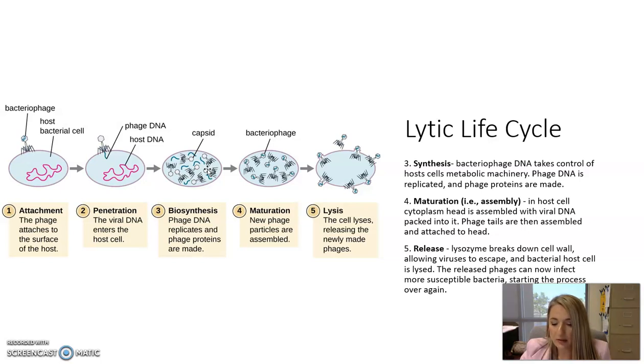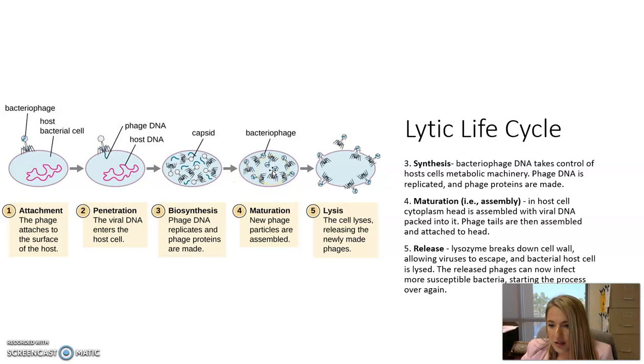So it's going to make the little icosahedral heads, the helical necks, and the tail fibers as well. So much like the synthesis stage in the animal viruses, in this stage for bacteriophages, the bacteria are simply producing all the parts of a bacteriophage, including the DNA and the proteins needed to form the mature bacteriophages.